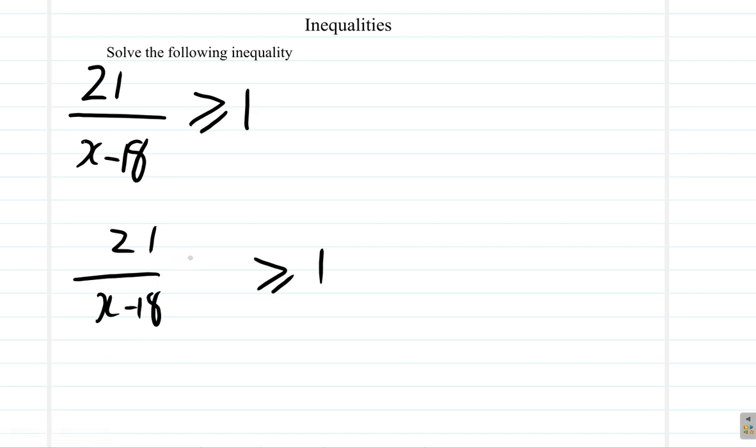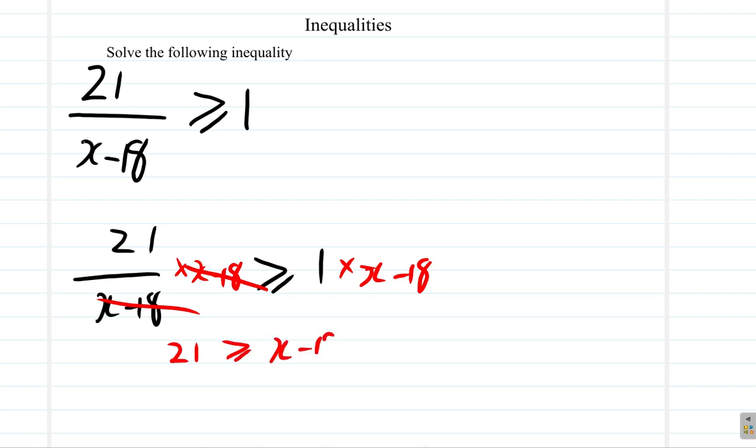If it was an equation, that's what you would do, right? Multiply by x minus 18, multiply by x minus 18, and then x minus 18 cancels x minus 18. So you would have 21 is greater than or equal to x minus 18. But you wouldn't want to do that. There is a problem there.